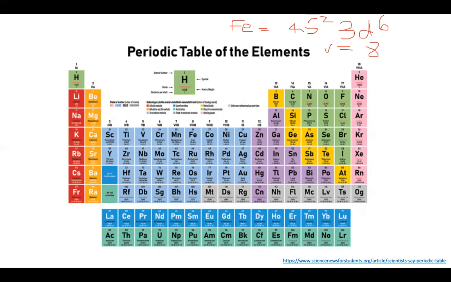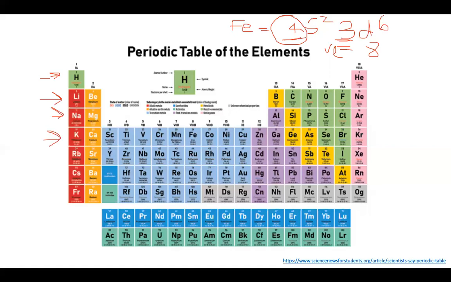So how can we determine the position of the element just by looking at the valence shell and the valence electrons? It's similar to what we did with the representative elements. The period of the element is given by the highest number in the valence shell. Since I have a 4 and a 3, I take the highest one, 4. So the period is period 1, 2, 3, 4.